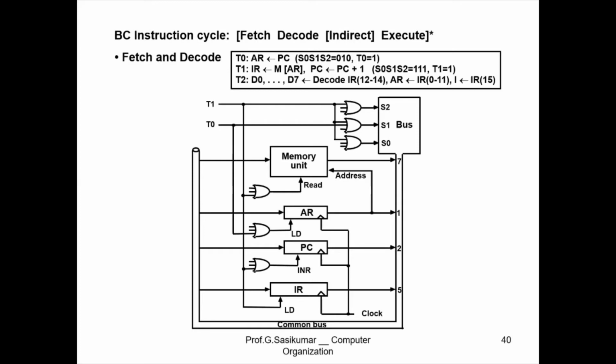By using the time and the bus. Everybody knows how the data is selected to be stored in a register as well as in memory. That will be controlled by the timing. Time T0, T1 will select whether it is the memory unit or a register. We have the memory unit, address register, program counter, and instruction register. We have the basic common bus.